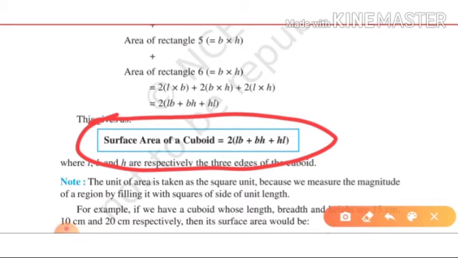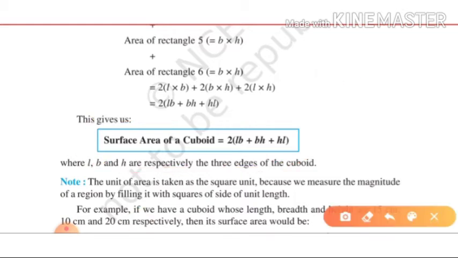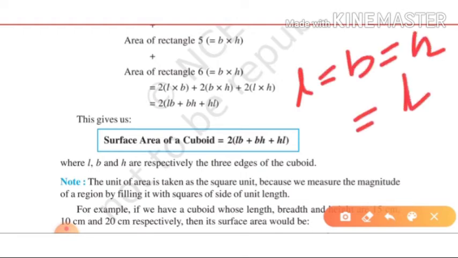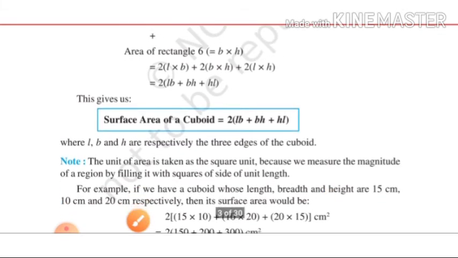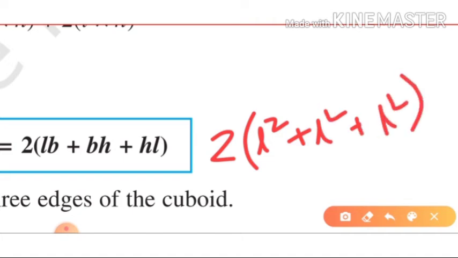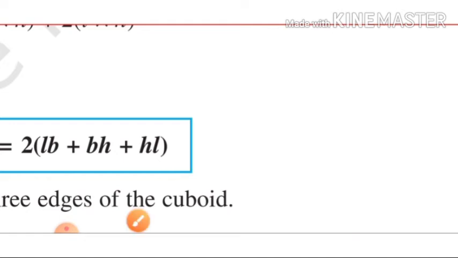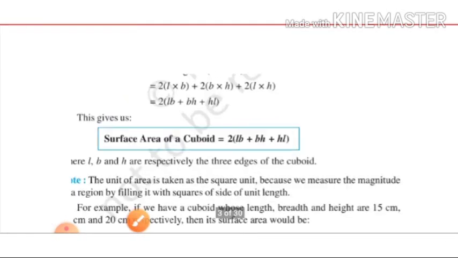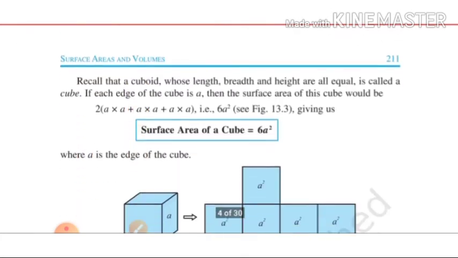In the case of a cube, all are equal, so instead of L, B and H, they are all equal to L. So it becomes 2 into (L square plus L square plus L square), that is 2 into 3L square, equal to 6L square.